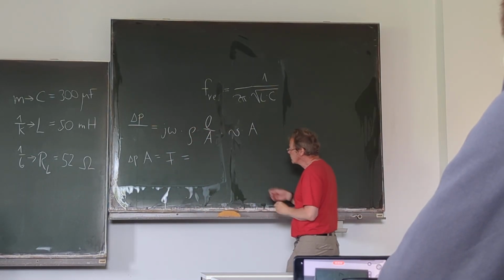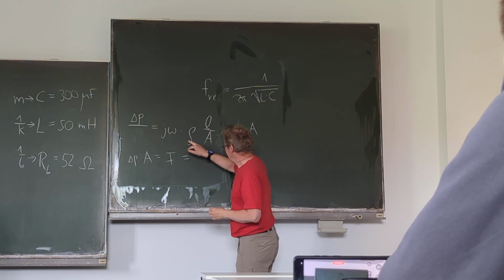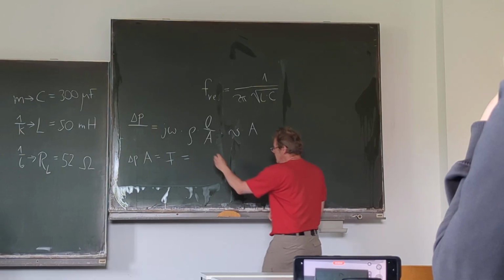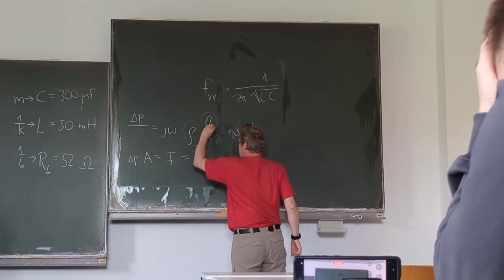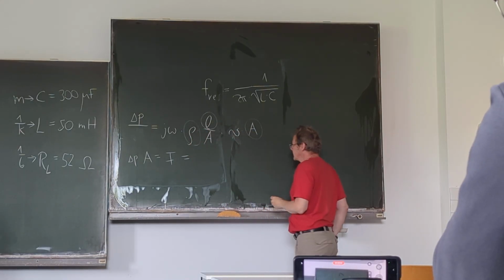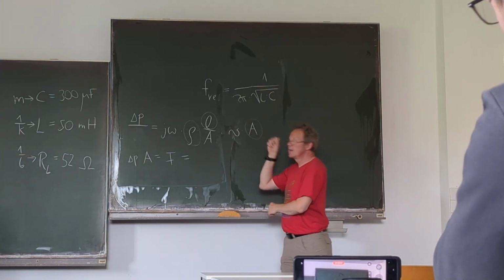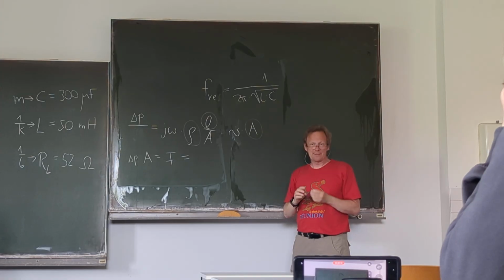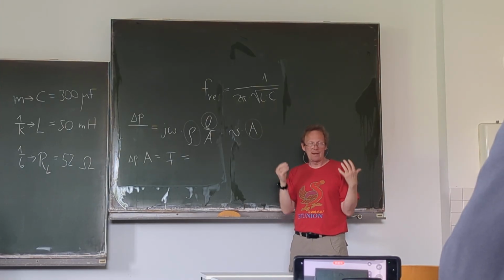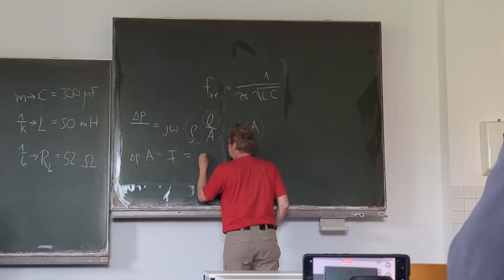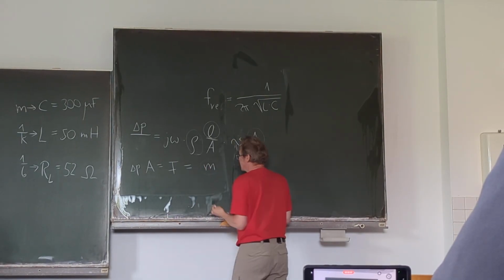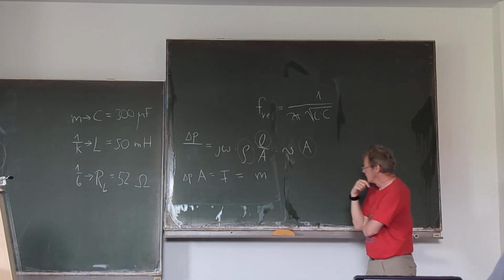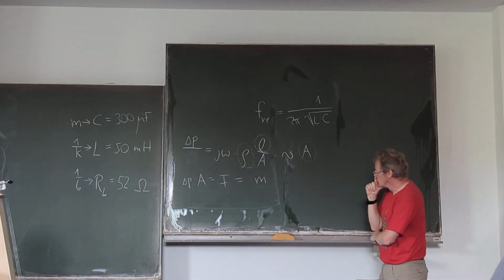And on the right side, what remains is rho times L times A. So I'm using the density multiplied with length and cross-section area. So this is obviously the volume multiplied with the rho is mass. That's the mass of the air package. I put it in this bubble to say quantities yield the mass.